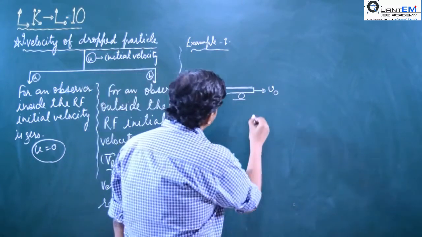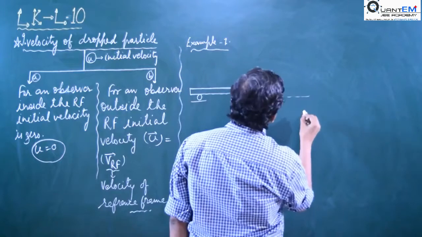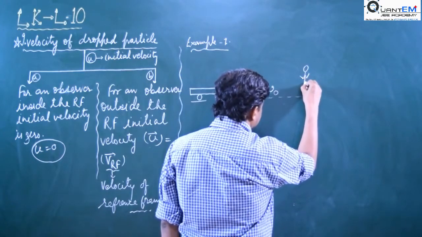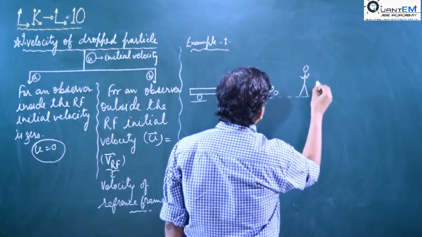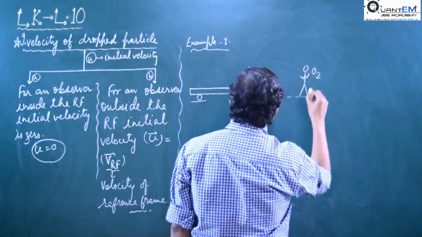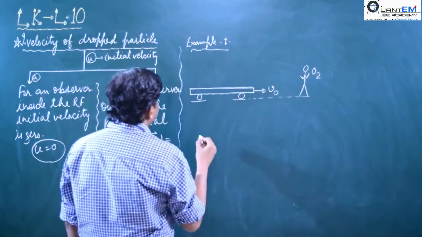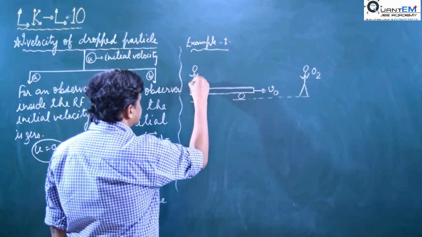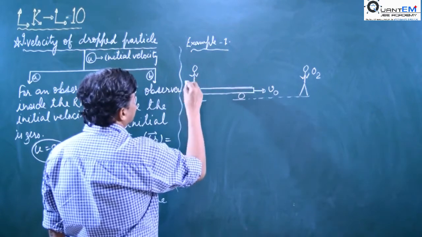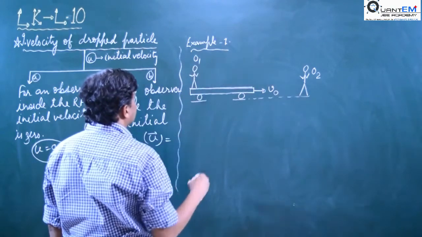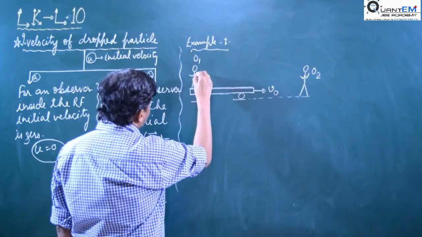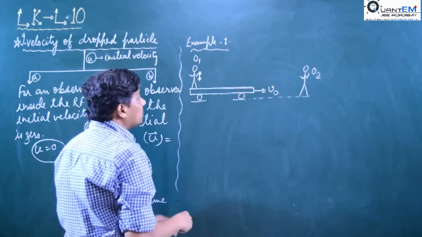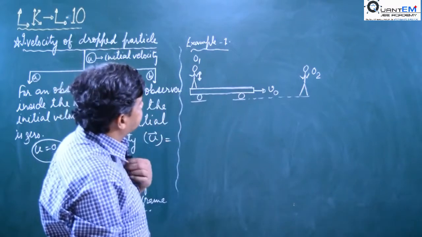V0. This one is an observer outside the reference frame, it is observer 2, and we take an observer inside the reference frame, it is observer 1, and a particle has been dropped over the trolley by the first observer.